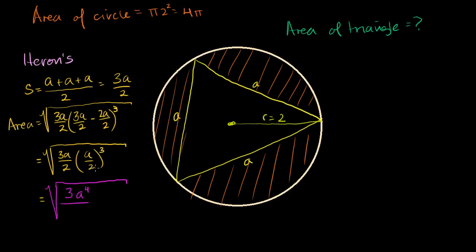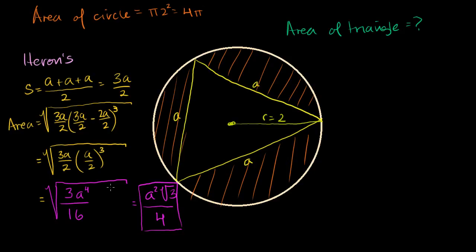Well, that's 2 to the fourth power, or 16. Right? 2 times 2 to the third is 2 to the fourth. It's 16. And then if we take the square root of the numerator and the denominator, this is going to be equal to the square root of a to the fourth, which is a squared, times the square root of 3, over the square root of the denominator, which is just 4. So if we know a, using Heron's formula, we know what the area of this equilateral triangle is.